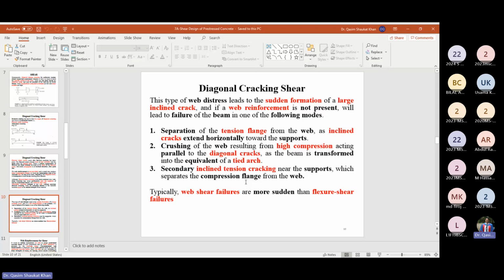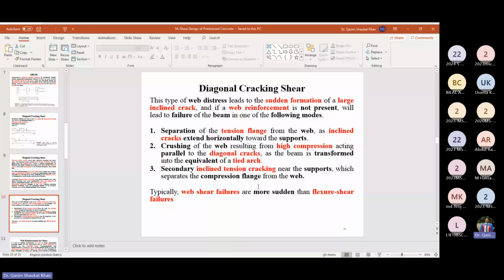At the transition points where the web and the flange are connected, both at the top and the bottom, there is a sudden increase in the shear stress. So shear is critical at these points. So secondary inclined tension cracking near the supports separates the compression flange from the web.